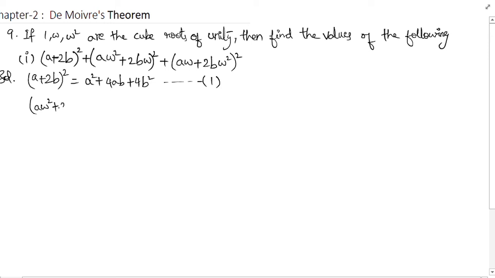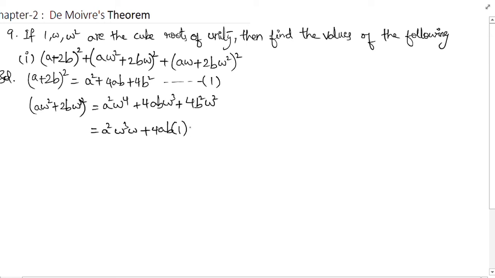(a omega square plus 2b omega) the whole square is equal to a square omega power 4 plus 4ab omega cube plus 4b square omega square. Okay, which is equal to a square omega cube omega plus 4ab into 1 plus 4b square omega square.